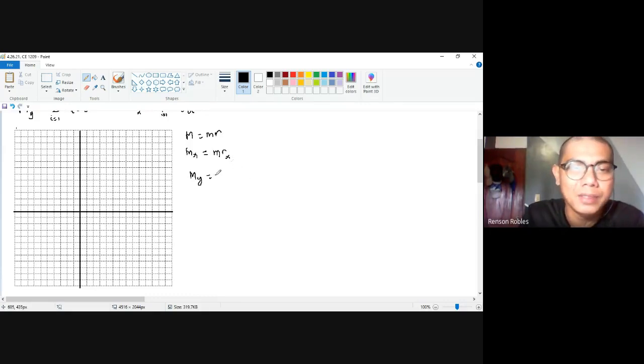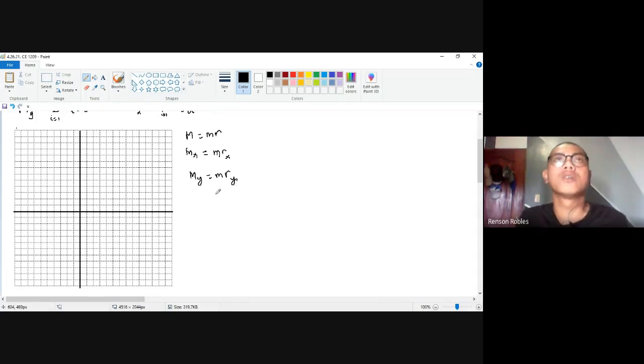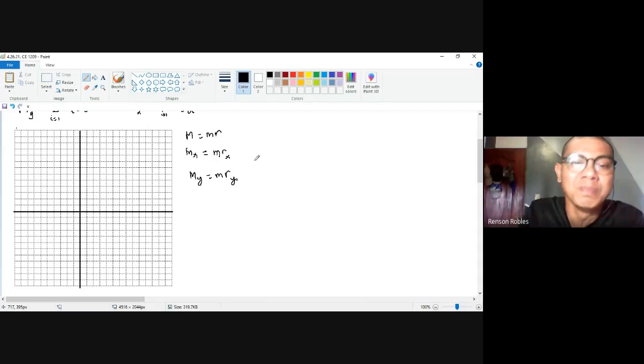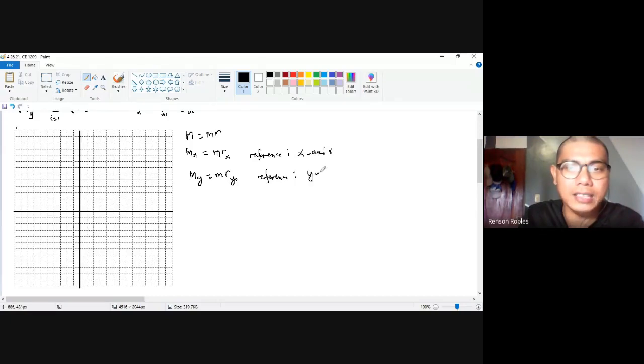Moment in y is the mass of the particle times its distance to the y-axis. Which means when we talk about the moment in x, our reference axis is the x-axis, and when we talk about the moment in y, the reference axis is the y-axis.